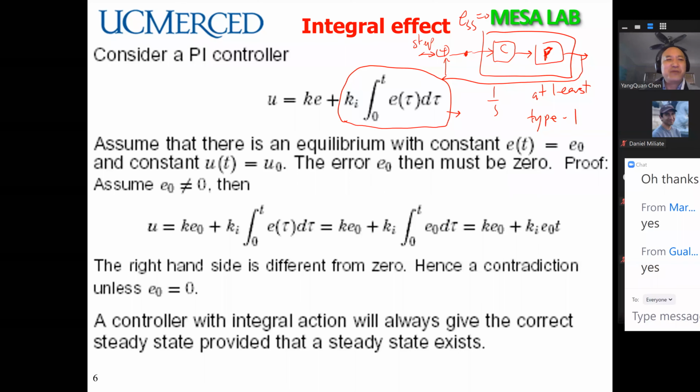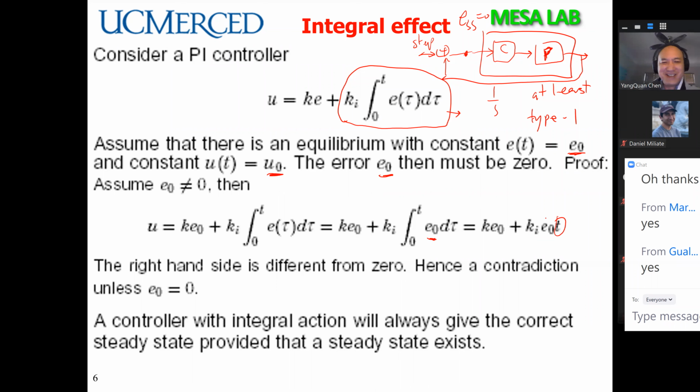Here is another way to prove it. Suppose you do have an equilibrium point, this is E0 in here, and your input is a constant. The error E has to be 0. How to prove it? Easy. Because this is U, this is E, and this is integration, if E is a constant, then the integral is E times t. So the right-hand side is different from 0, hence the contradiction.